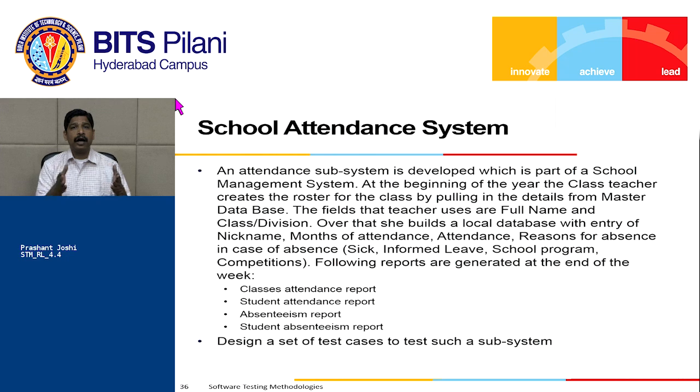However, if you have a strategy that I'm going to use only equivalence class, that may not be a good strategy. A combination is what would definitely be required. Because I see that there would be names and other fields in the database which would typically require equivalence class partitioning. Whereas attendance, non-attendance is going to be a true or false.